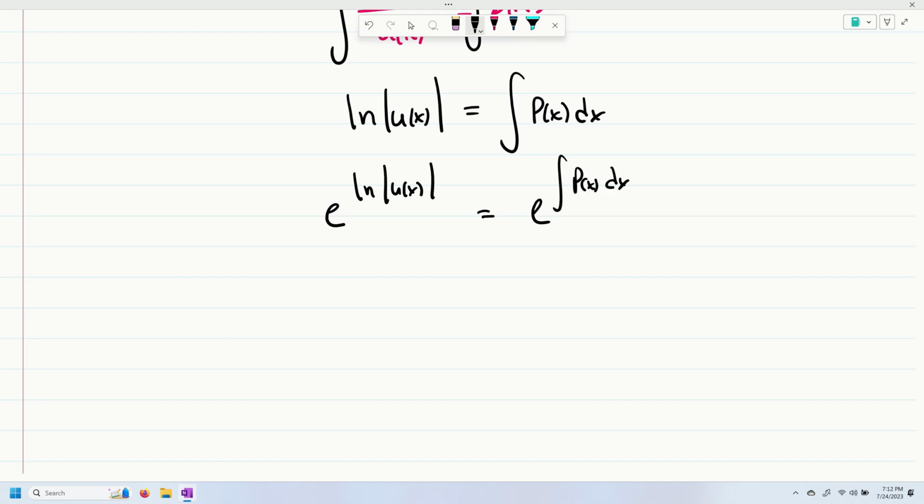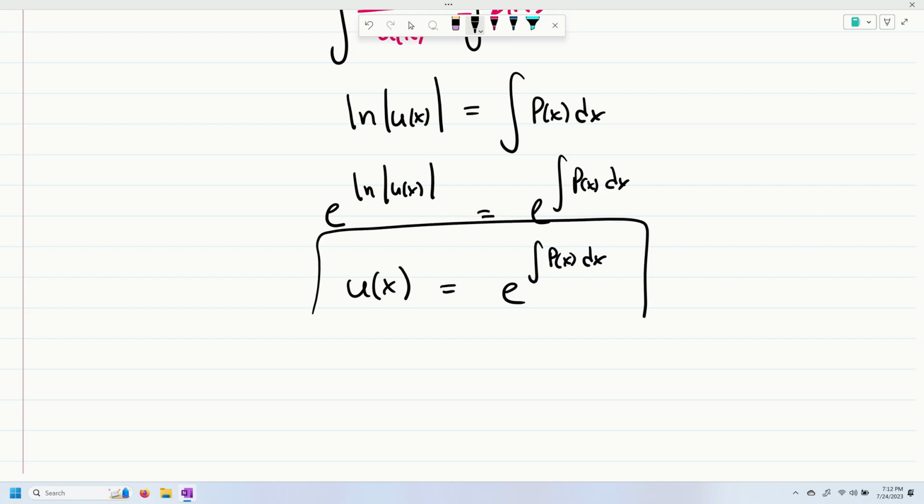All right. On the left-hand side, I'm basically left with u of x. On the right-hand side, I'm left with e to the integral of p of x dx. Now, there is a plus c in there, but I'm omitting that only because we really don't need it here.